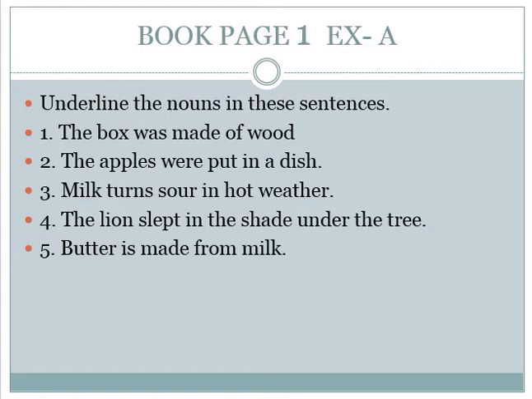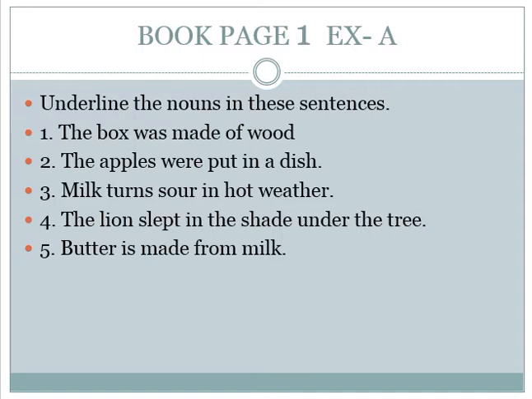In your book there are 10 sentences, but we will do only 1 till 5 and rest of them you will do in your homework. So let's start with exercise A. You have to underline the nouns in these sentences, students.